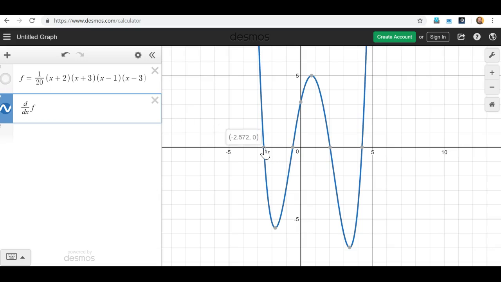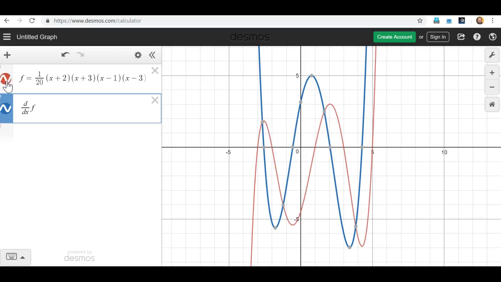I have a zero at negative 2.572, one at negative 0.558, 2.053, and 4.278. What this means is that the direction of the main curve is switching at each of those places. Here, the main curve is increasing. Between here and here, it is decreasing, back to increasing, decreasing, increasing.